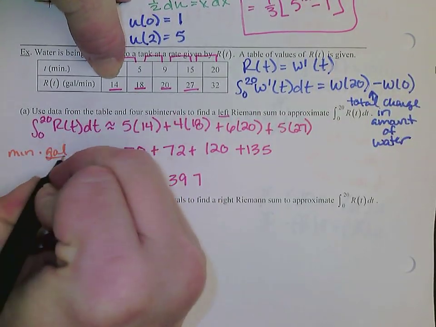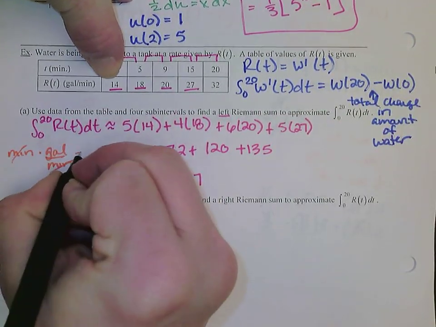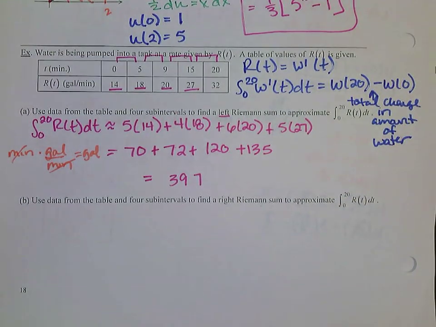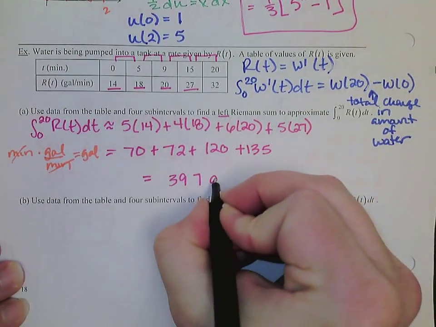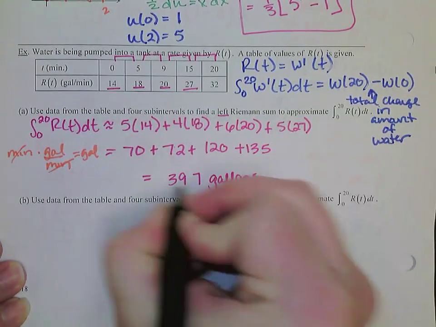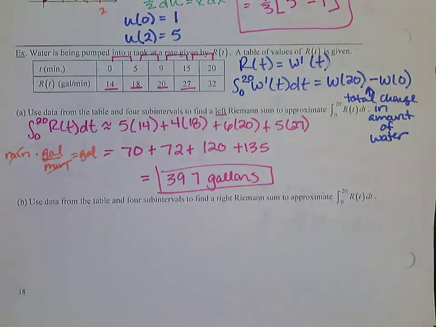So we end up with gallons, which makes sense because, again, if we're talking about the amount of change in the volume of the water, it would be measured in gallons if our rate of change is in gallons per minute. So during that 20-minute interval, the volume of the tank changed by 397 gallons.